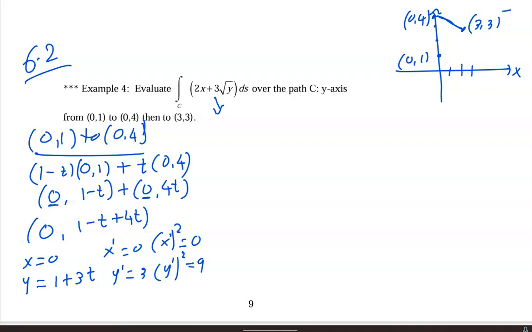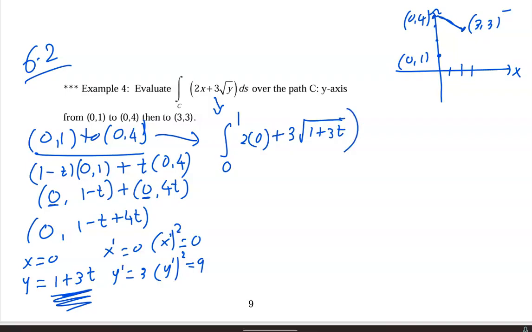Okay. All right. So we're going to add this path and we're going to add another path. So if I go from (0, 1) to (0, 4), you can write t from 0 to 1, because remember that this setup is 0 to 1. If t is 0, you get (0, 1). If t is 1, that's going to be (0, 4). That's why this path works from 0 to 1. And then 2 times your x, which is 0, plus 3 times the square root of your y, which is 1 plus 3t.